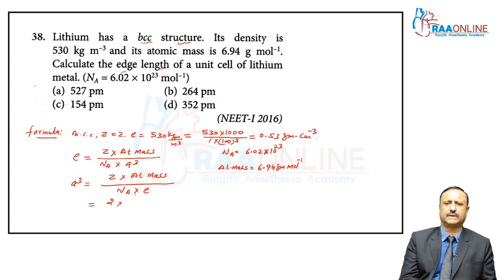Atomic mass is given, that is 6.94 in grams, and we converted the density from kilogram per cubic meter into grams.